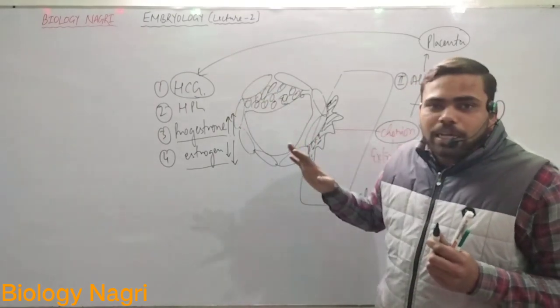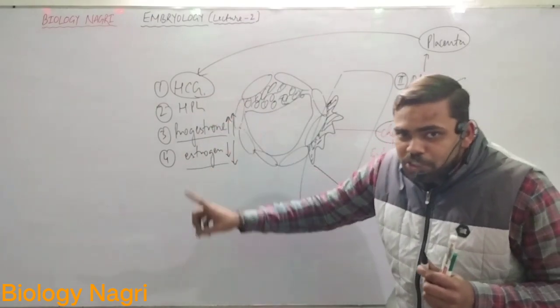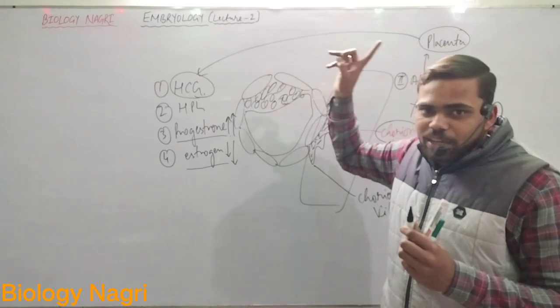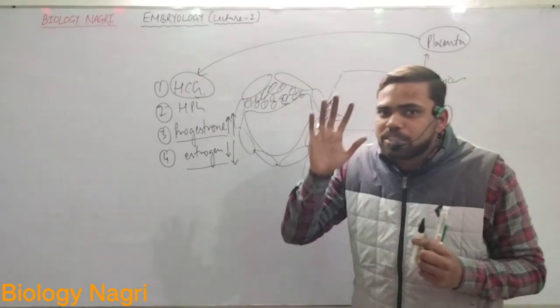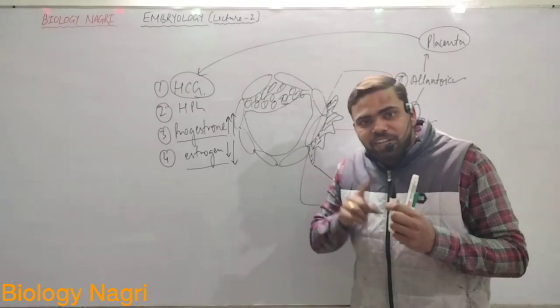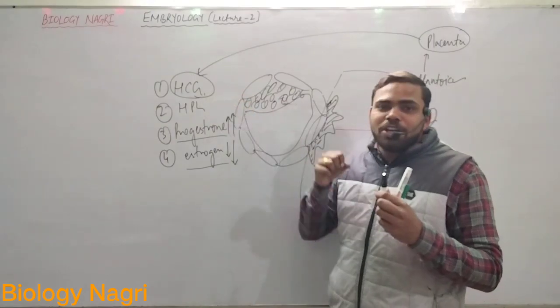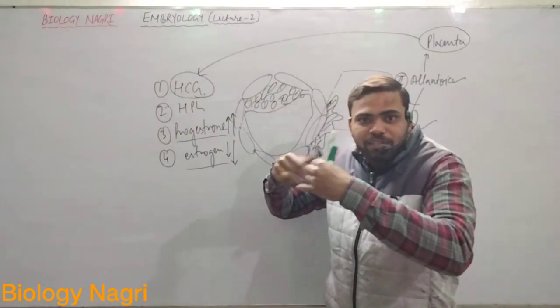Basically, this hCG is released by the human placenta and goes into the mother's body, to the ovary, to maintain the corpus luteum for a safe pregnancy. But after this action, the mother's body eliminates the human chorionic gonadotropin in the urine.